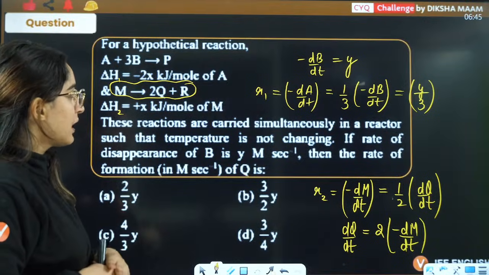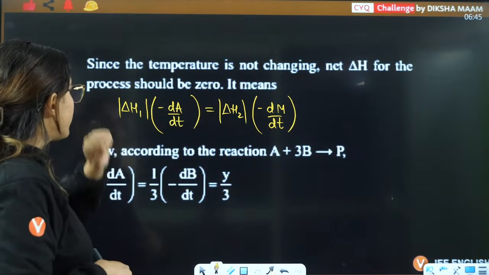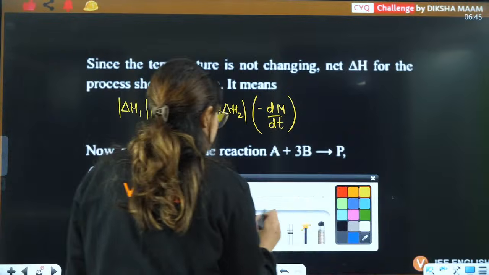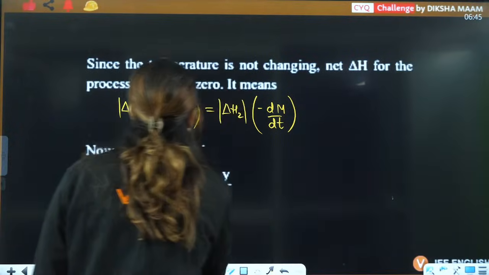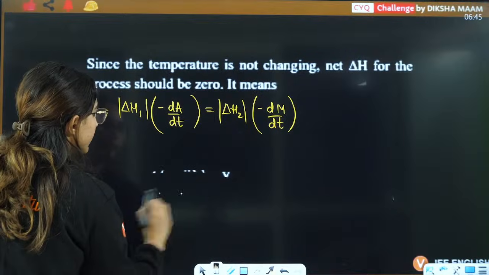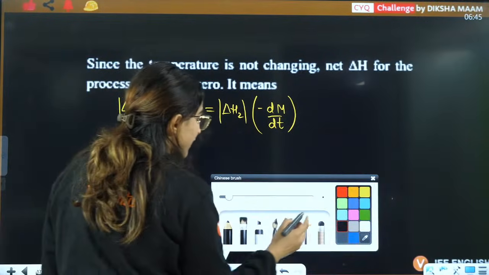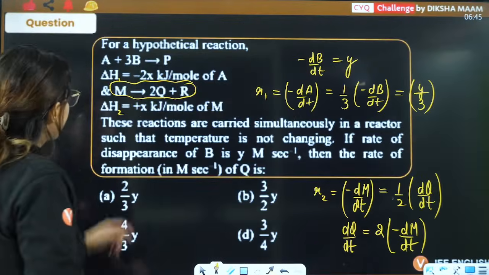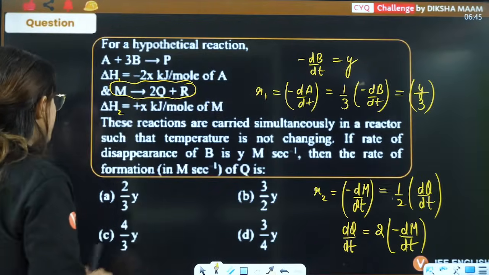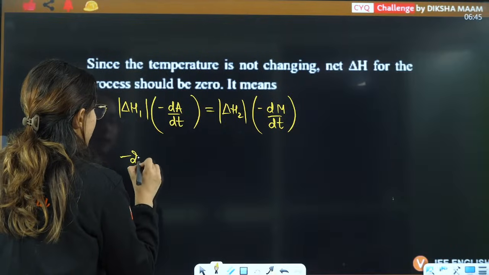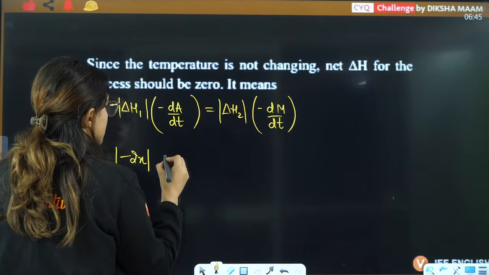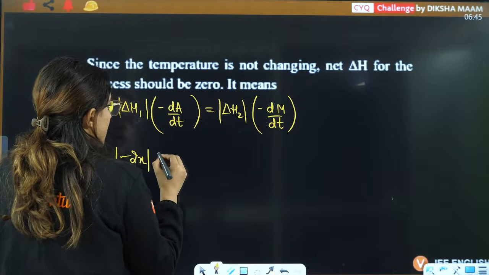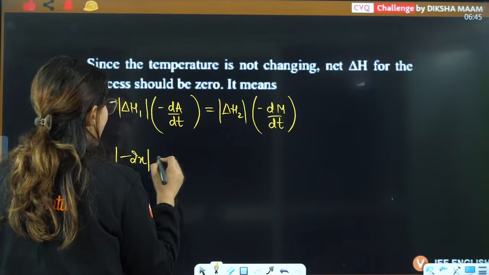Now, if I put this y by 3 value here, what I'll get? Tell me everybody. This is delta H of 1 is given to be minus of 2x. So you will put it here minus of 2x. This is minus dA by dt.